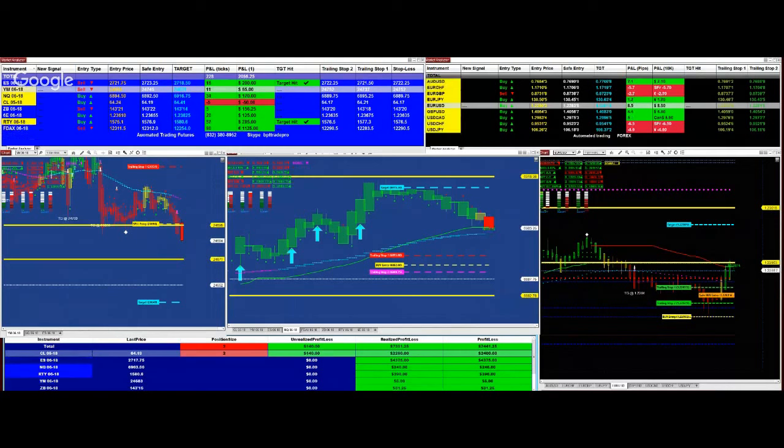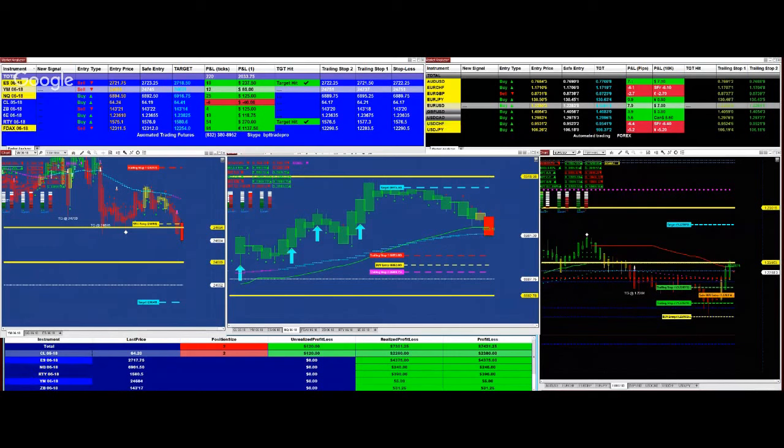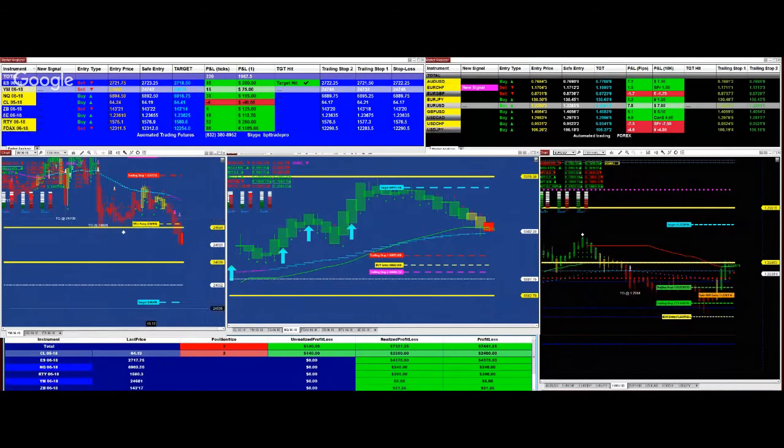Because if we wanted to invest 10 ticks in the stop loss or 15 ticks in the stop loss, then at least we have to have a little reward, 40 or 50 ticks. So as you see right now on the YM with the new signal when it comes in, it told us that here is your entry and here is your target.